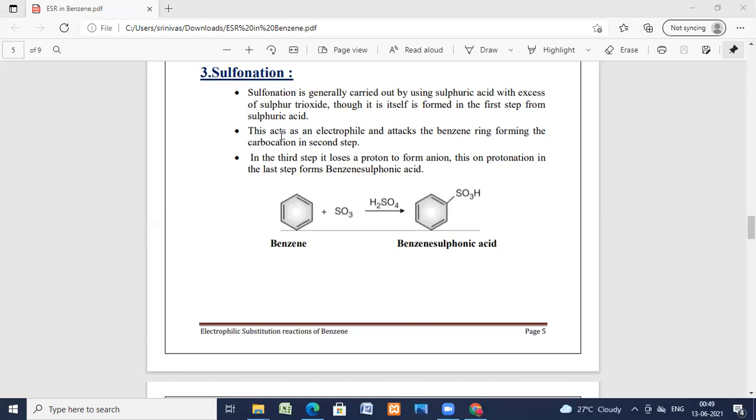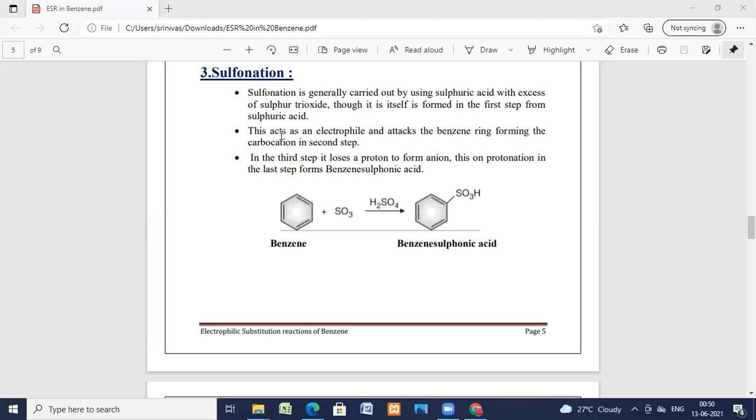Due to the presence of the pi electron cloud above and below the plane of the benzene, the ring serves as the source of electrons and is easily attacked by the electrophiles, electron loving reagents. Hence, the electrophilic substitutions are characteristic reactions of the aromatic compounds.